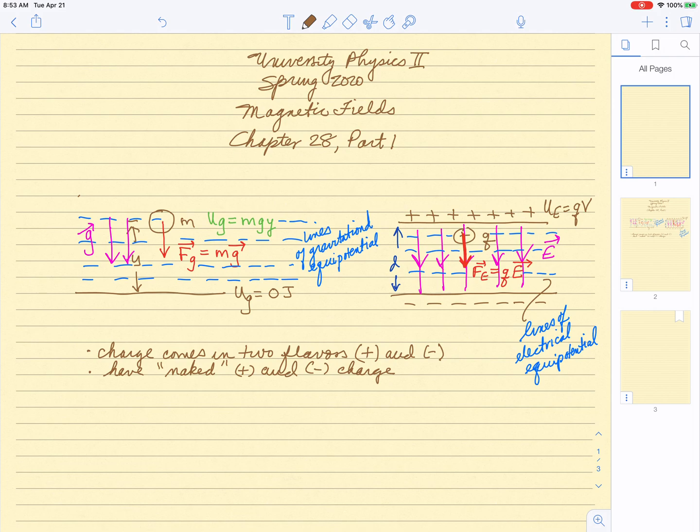Right? We can have an electron which is far away from any other charges, and hence we can have it all by itself, right?